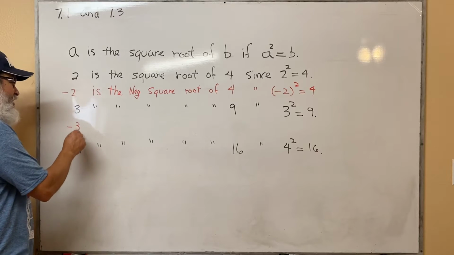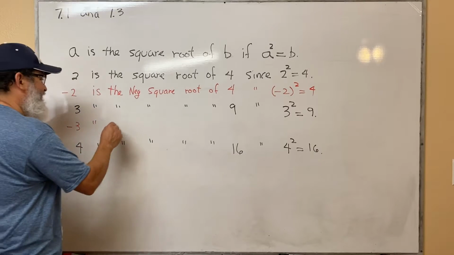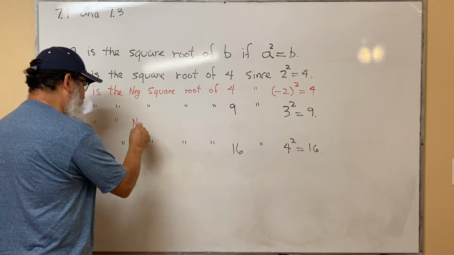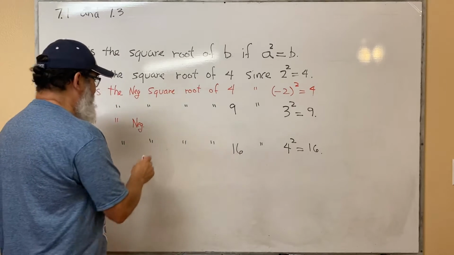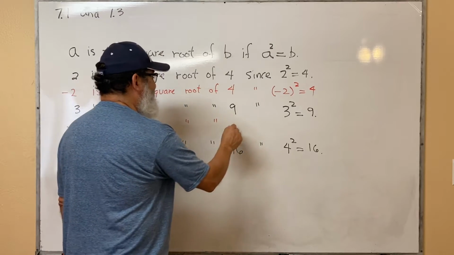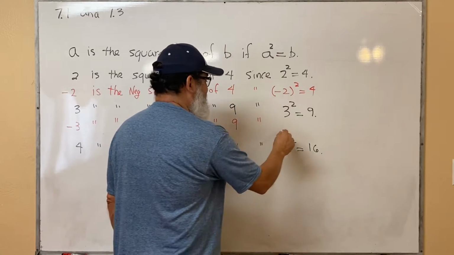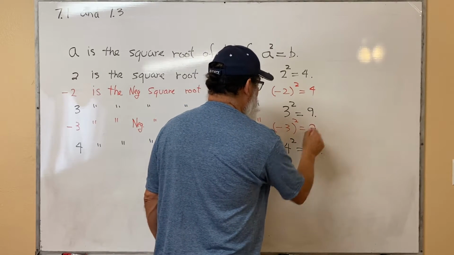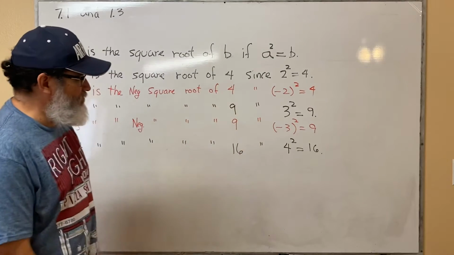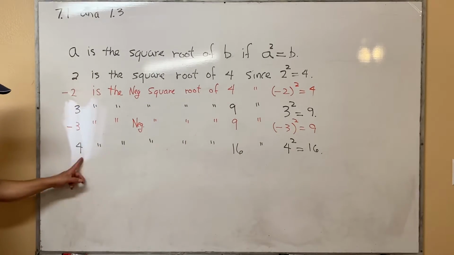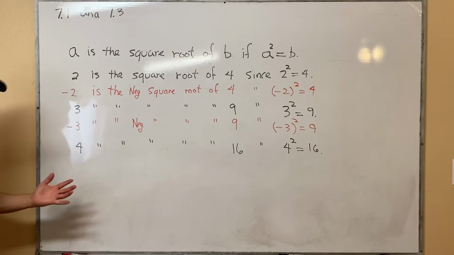Here's another one. Negative 3 is the negative, gotta say that, negative square root of 9, since negative 3 squared equals 9. Okay, you guys do this one. 16 has 2 square roots.